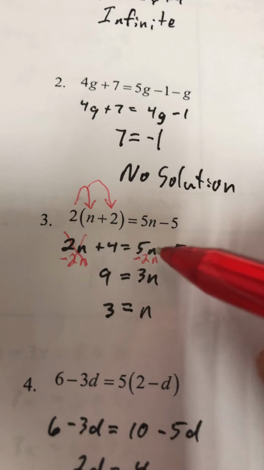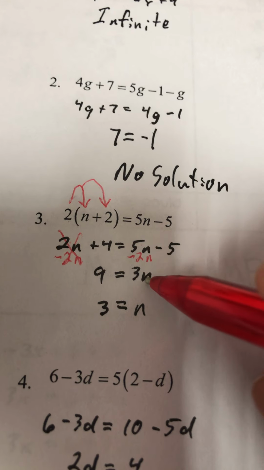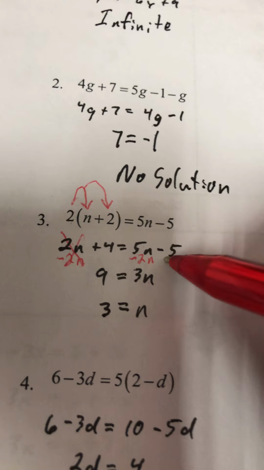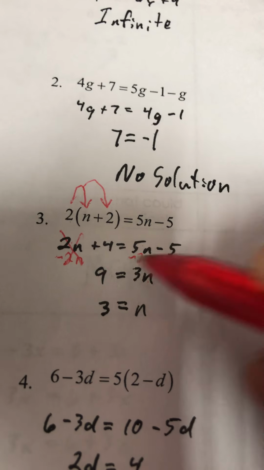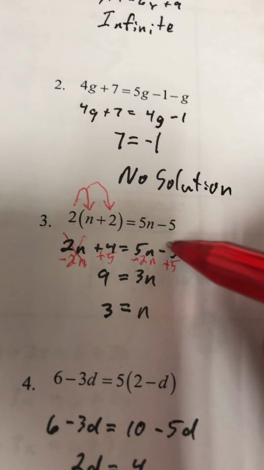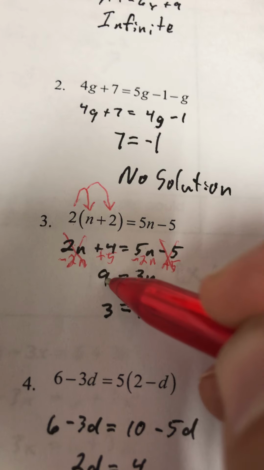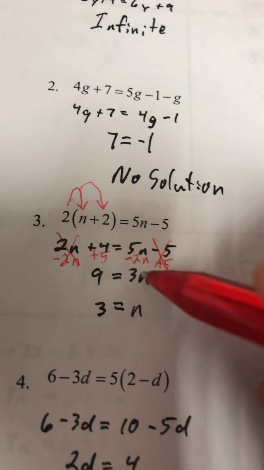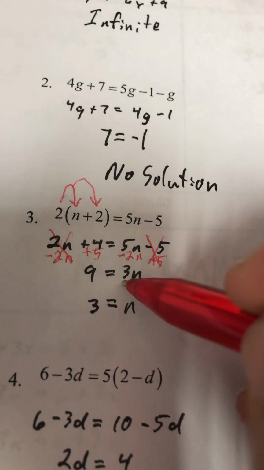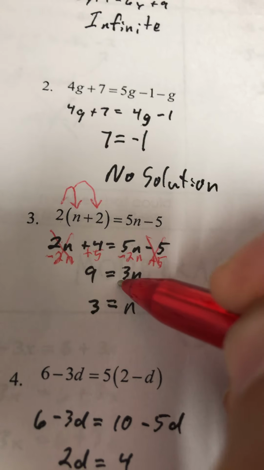That canceled this out. 5n minus 2n gave me the 3n. And then I'm adding a 5 to both sides. And that gave me 9 over here. I'm working on getting my n by itself. That's why I'm doing all this. I divide both sides by 3. And I end up with 3 equals n.